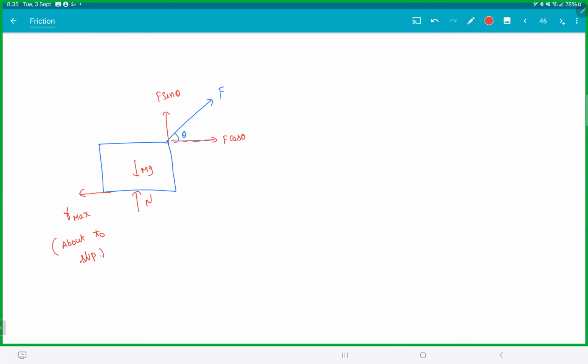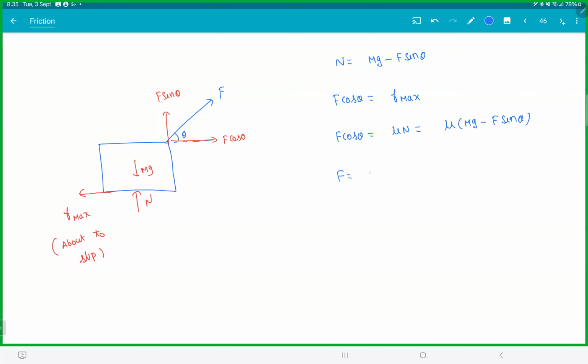Since you said the minimum force to move the block means it's about to slip, right, Niharika? So from here we get the normal reaction is mg minus F sin theta. And here F cos theta is F max. So F cos theta is mu into N, which is mu into (mg minus F sin theta).